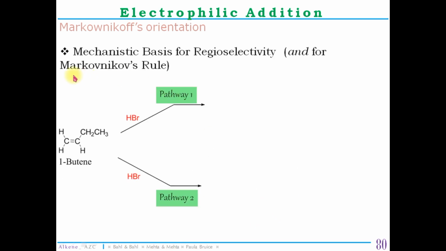Mechanistic basis for regioselectivity, or proof for the Markovnikov rule: upon reaction with hydrogen bromide, we have two types of pathway.